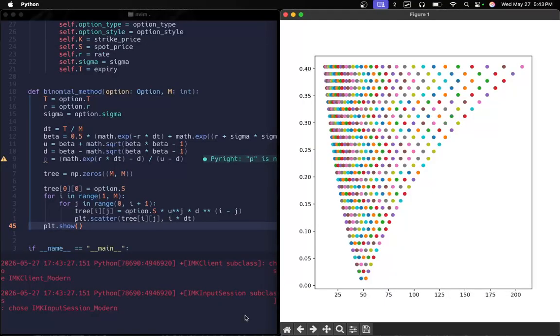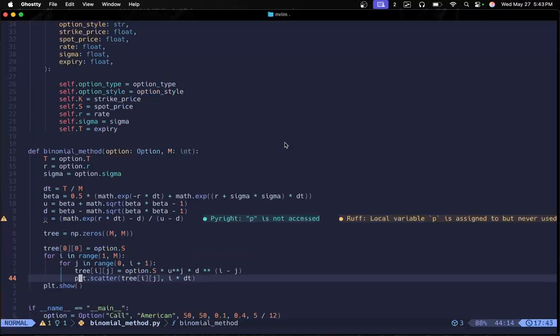There we go. The only problem I see with it is it's not plotting the bottom one, not plotting this final point or the initial point.